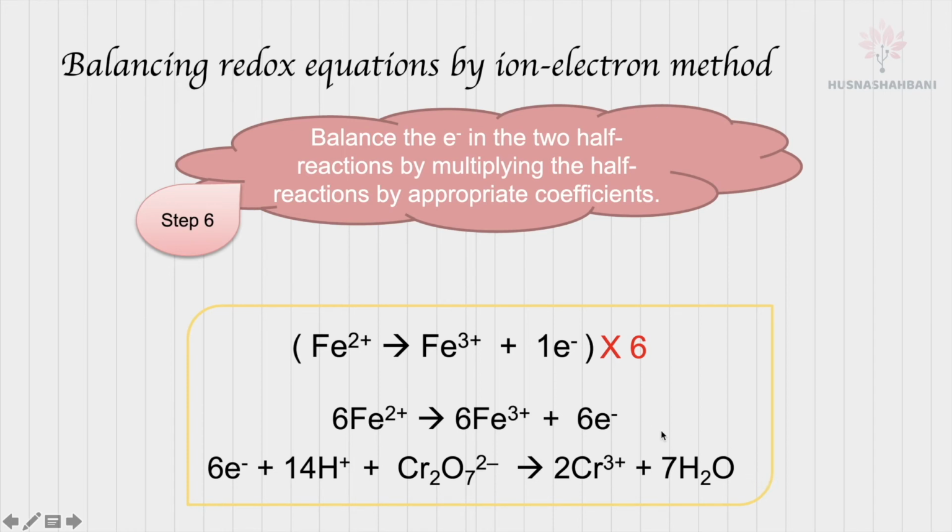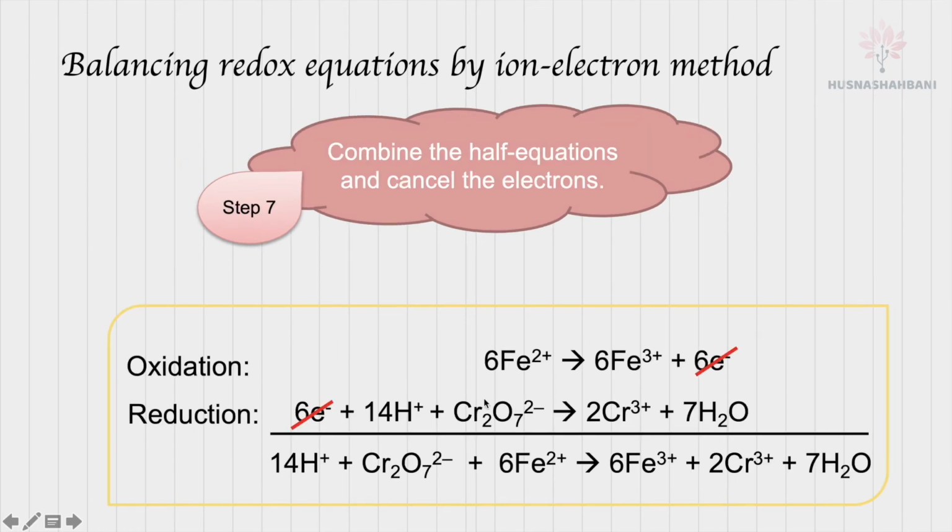Now the electron at the Fe you have on the product side and the electron of this at the reactant side. So you can just cancel out the electron. Cancel out the electron. You can combine the half equations. Combine these two equations becoming one equation only. So whatever is on the reactant side, you put on the left.